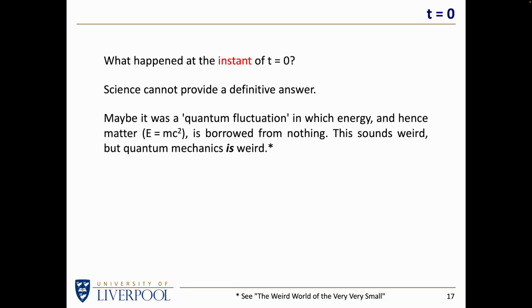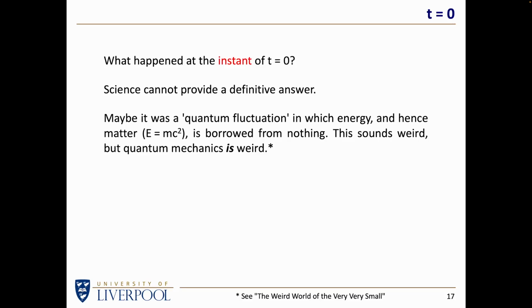As best we can tell, quantum theory has been saying this has been happening forever, and quantum theory has been tested over and over again for the last 100 years, and nothing so far has proven quantum theory wrong. So maybe it is possible to borrow energy from nothing as long as you pay it back.